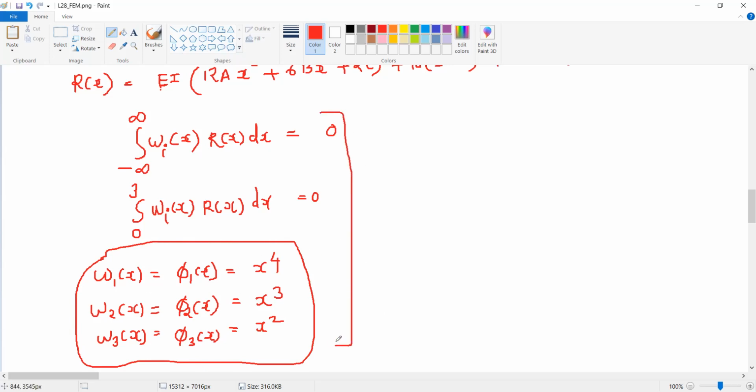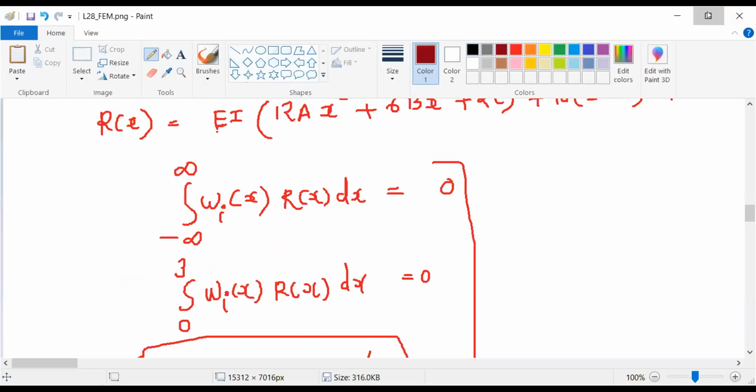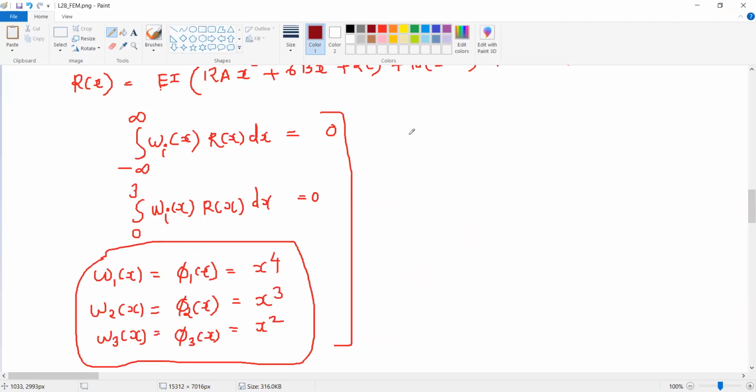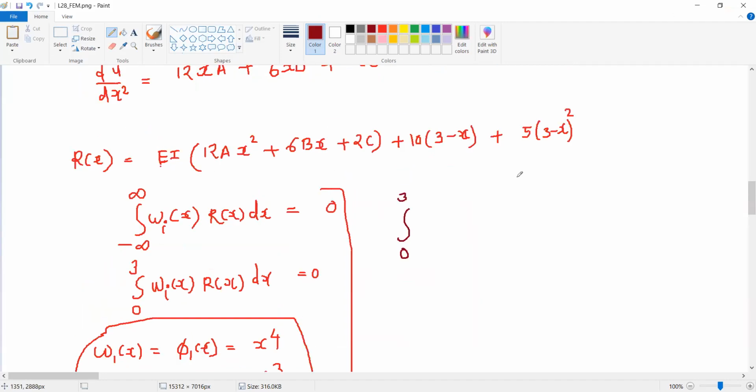What are the three equations that are available with us? Equation number one, let us write down those equations. Equation number one, integration 0 to 3 w1 of x into r of x. R of x is this.